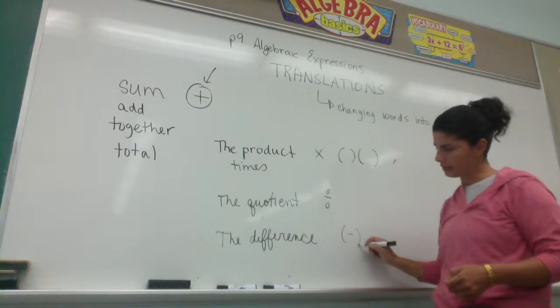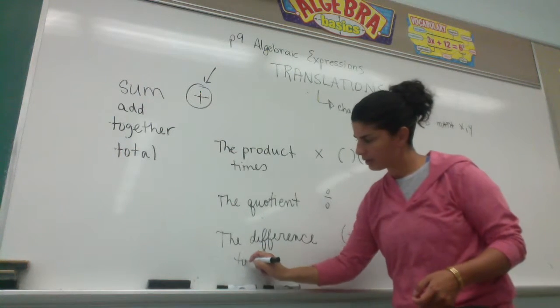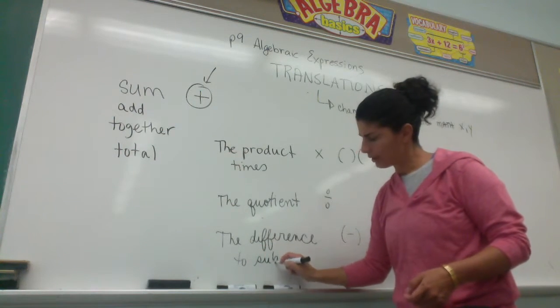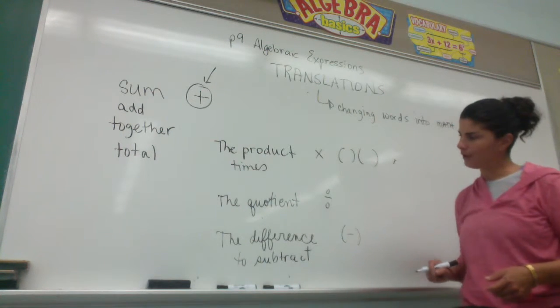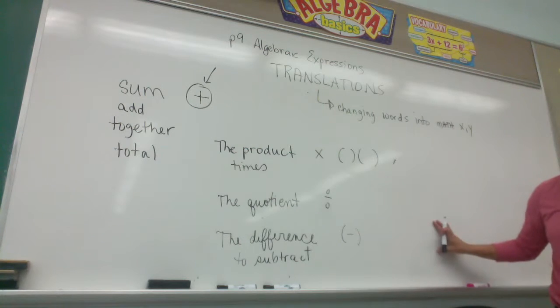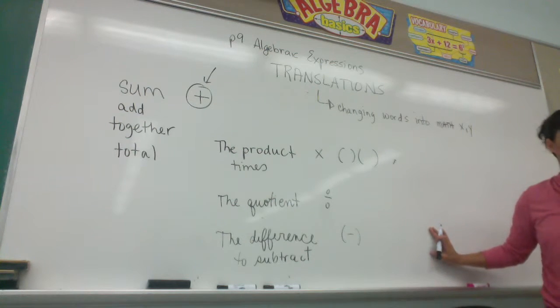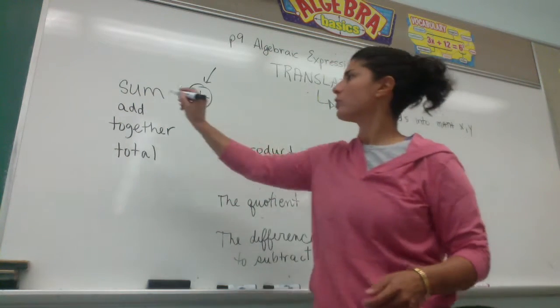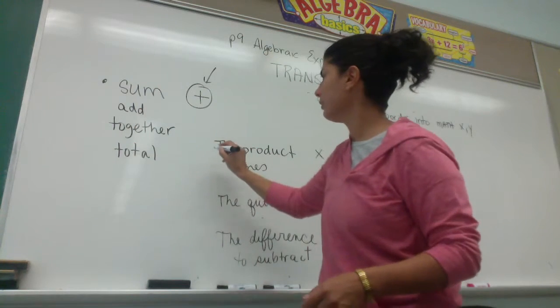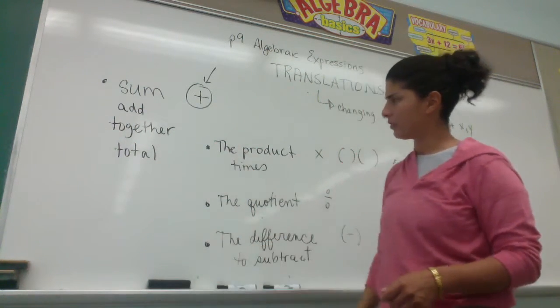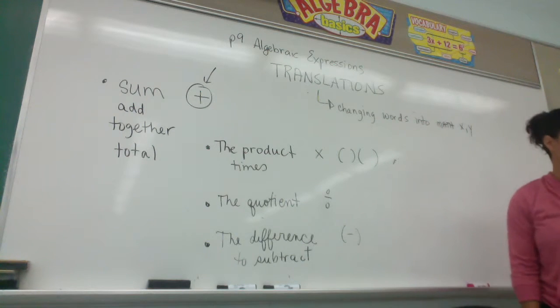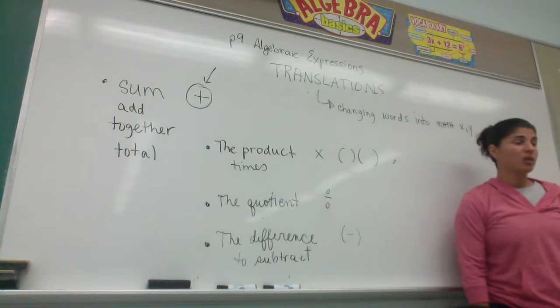So minus, to subtract. Okay, take a minute to write down everything. If you have any questions, please feel free to ask me. I will just put a little dot over here: the product, the quotient, and the difference. Those are four that you should know for a long time now.